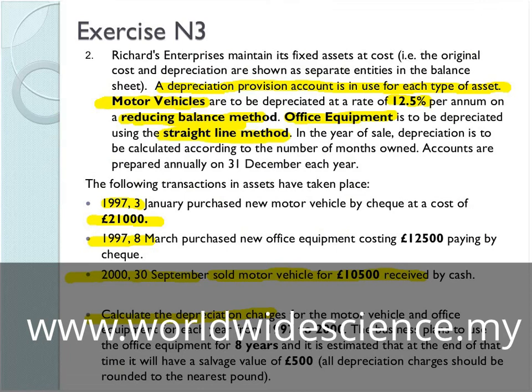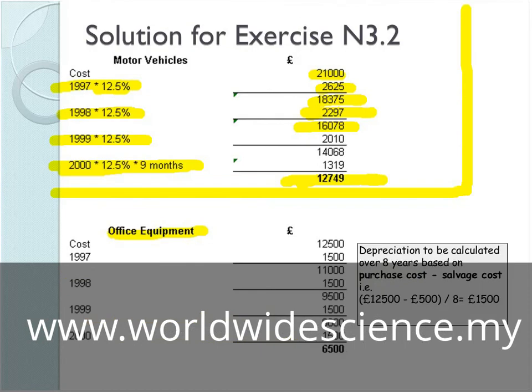And in the assignment it is given that it is going to be used over 8 years, and after 8 years, it has some value of 500 only. This is very important. Let's see the gray box. Here is given the depreciation to be calculated over 8 years based on the purchase cost and salvage value.